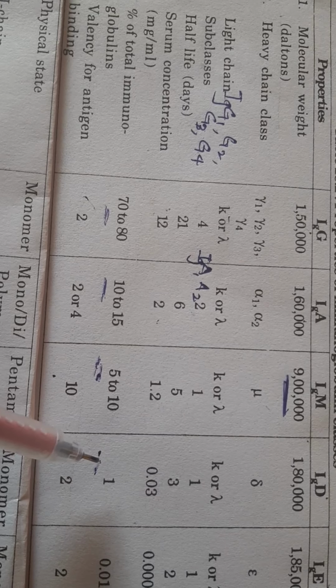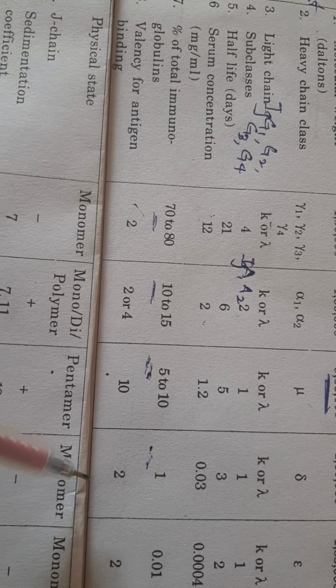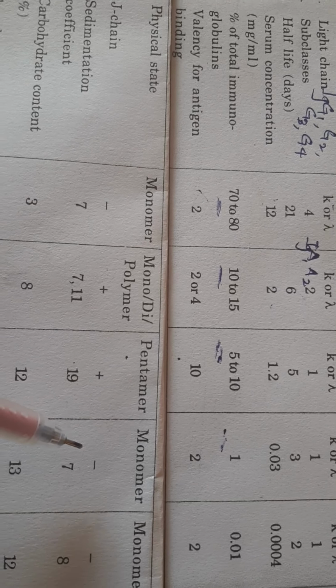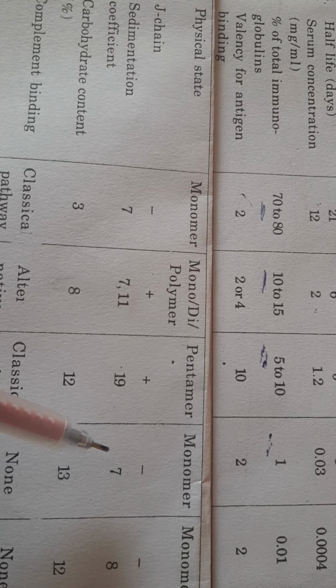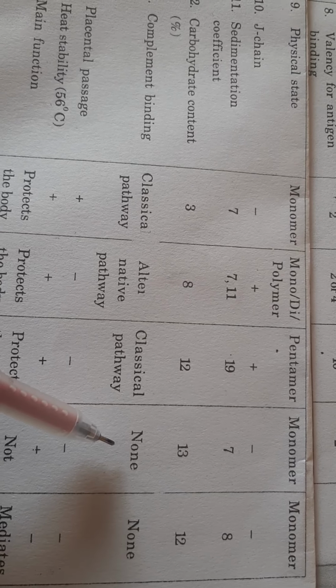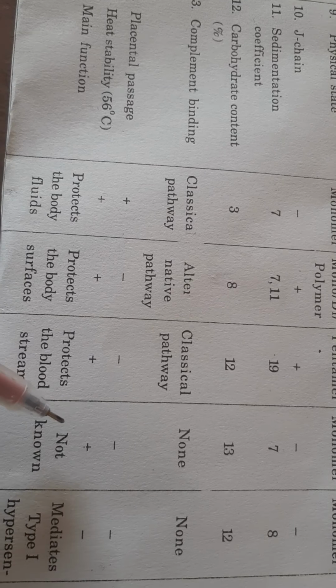The valency for antigen binding is 2, and the physical state is monomer. No J chain is present. The sedimentation coefficient is 7, and the carbohydrate content is 13.